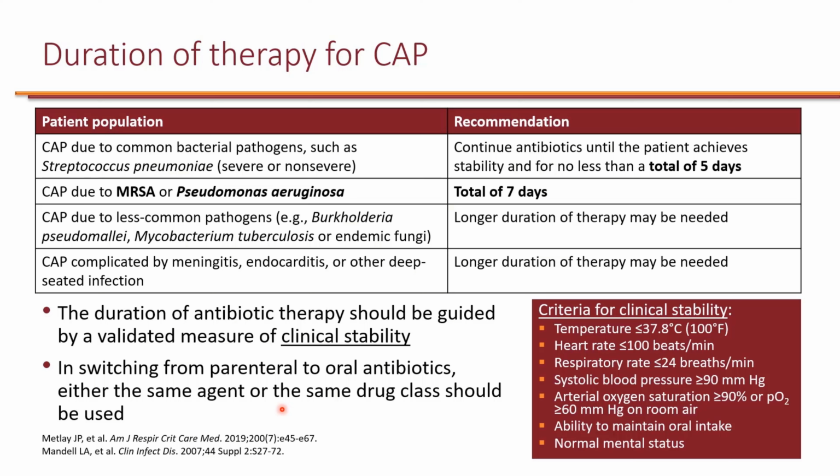For example, ceftriaxone is only IV. In that case, you can find an oral equivalent of that agent as long as it's in the same class. So in general, with a third generation cephalosporin, you can switch from an IV to an oral. The same is true with the penicillins and beta-lactams in general.